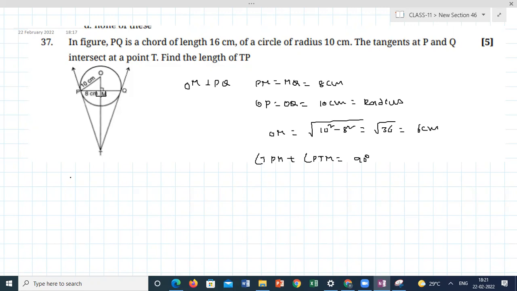In a right angle triangle, other than the right angle, the rest of the two angles are always complementary to each other. From here, angle TPM plus angle PTM, same as angle TMP is equal to angle OMQ is equal to 90 degrees because it is a perpendicular bisector.